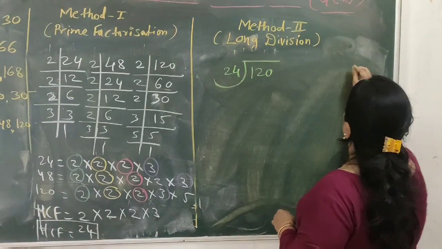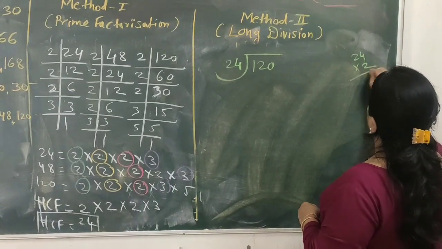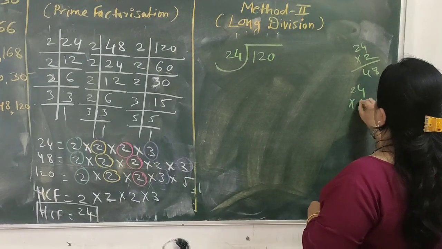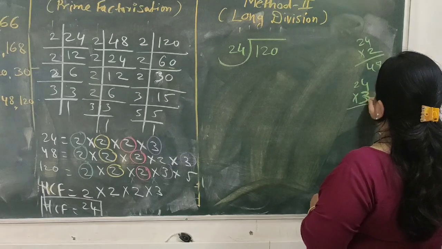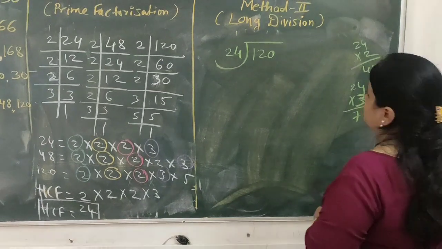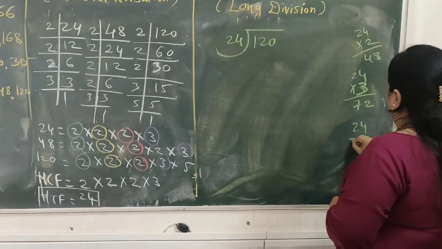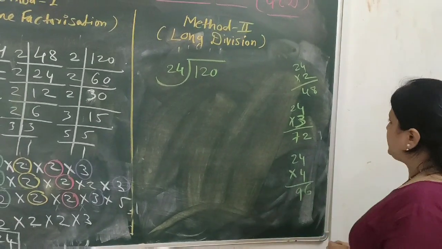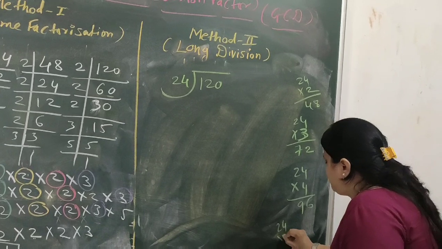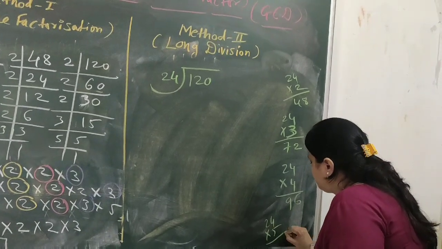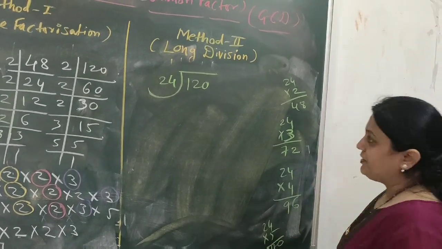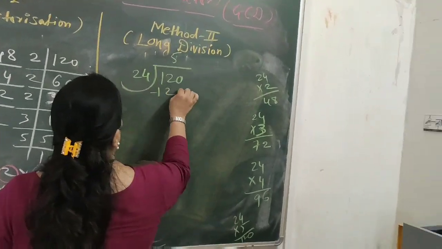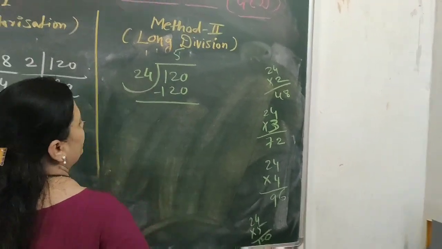Now see, 24 2s are 48, 24 3s are 72, 24 4s are 96, 24 5s are 120.